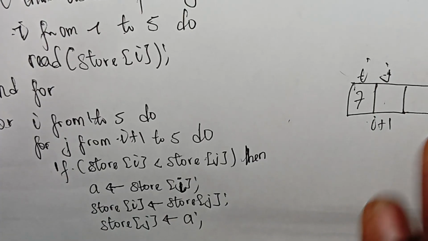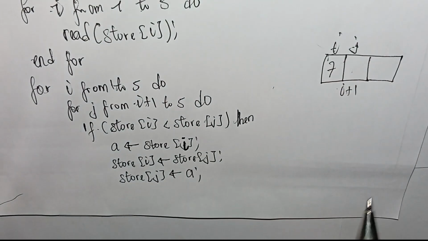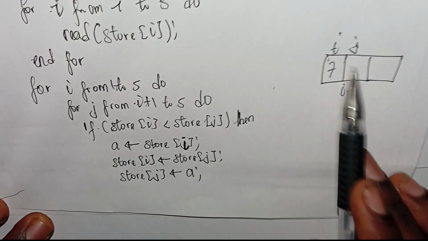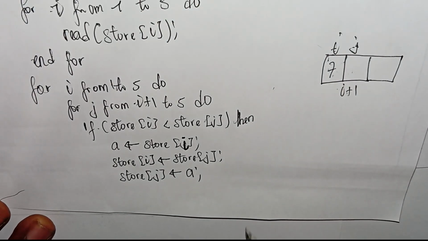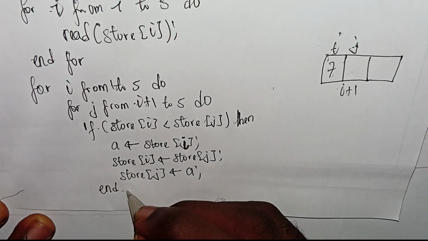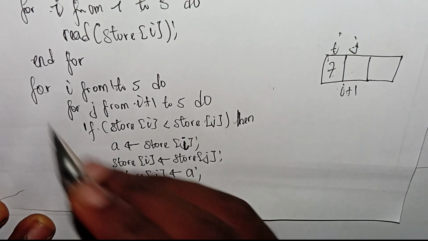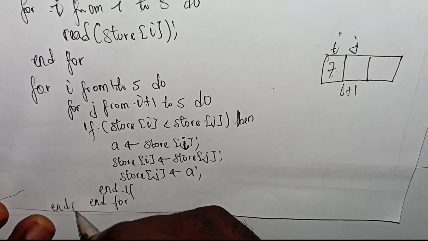That is a classical swap, and this is a simple sort. This is a simple bubble sort. So it just compares and compares and compares. And that's essentially it. And so we want to end the if, and we want to end the first for, and we want to end the last for.